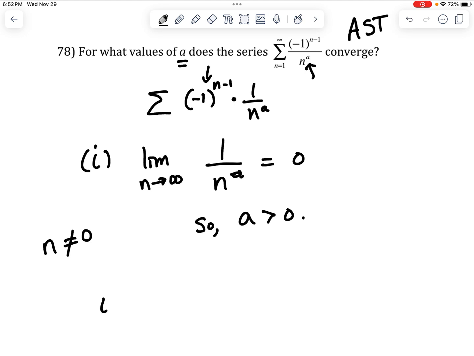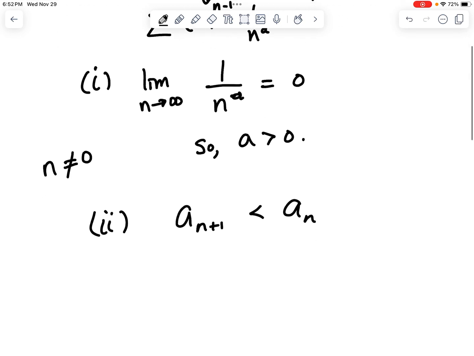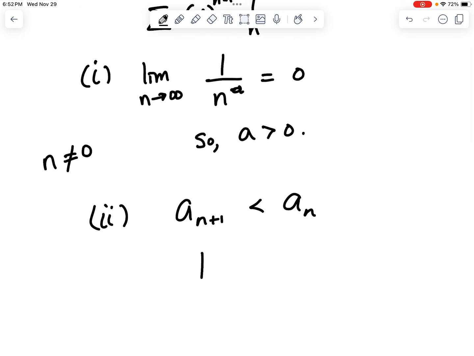Okay, the second part says that the a_(n+1) has to be smaller than the a_n term. The letter a and the letter n are being used in two different ways.